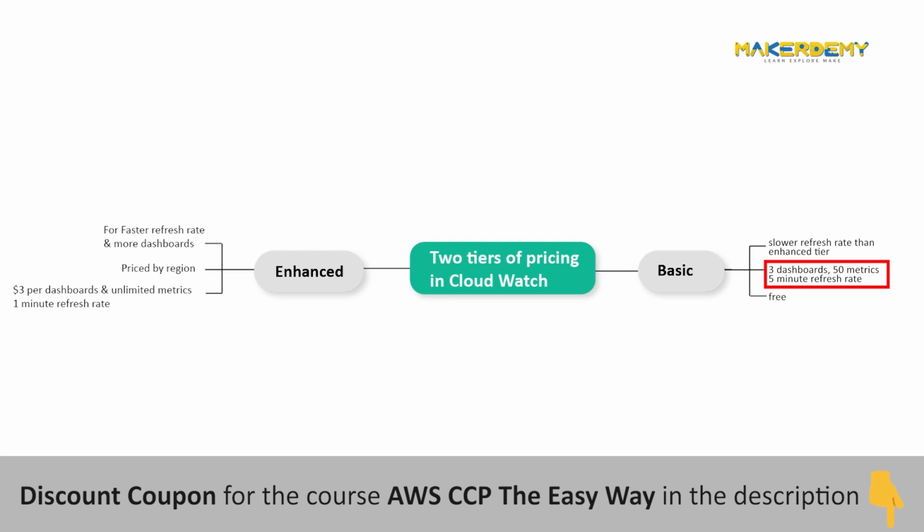Basic monitoring provides 3 dashboards, 50 metrics, and a 5-minute refresh rate. Enhanced is generally priced by region at $3 per dashboard with unlimited metrics, which are priced in unit quantities of 10,000, 240,000, 750,000, and 1 million. It is important to note that the refresh rate for enhanced monitoring is 1 minute.